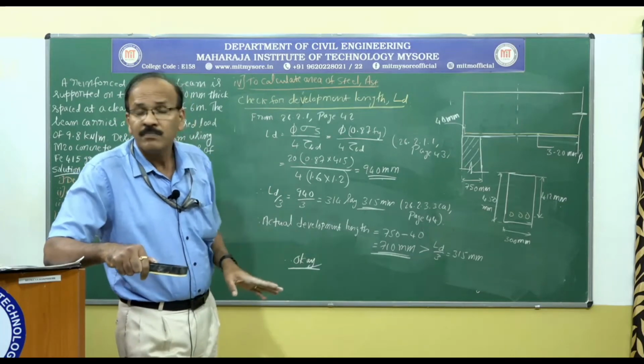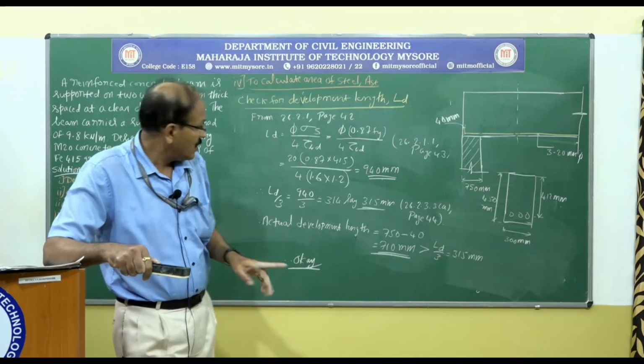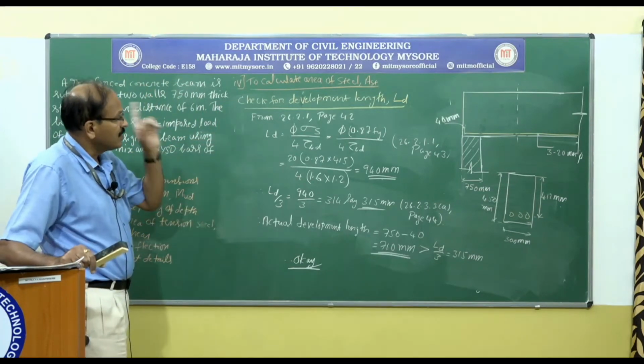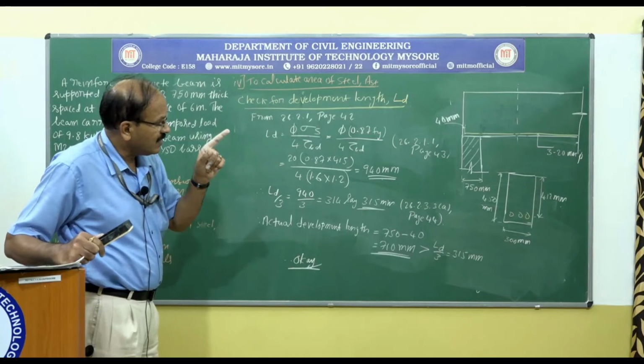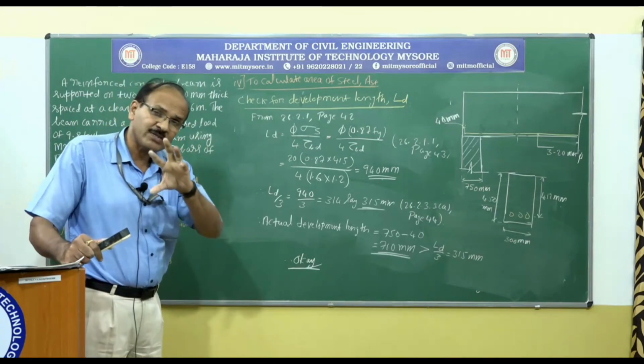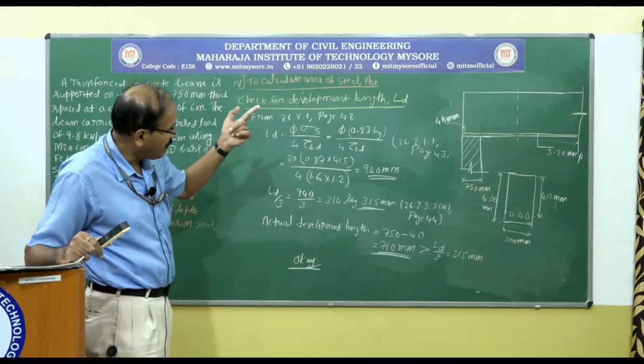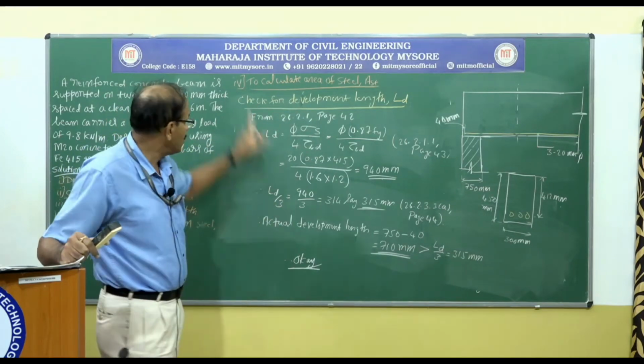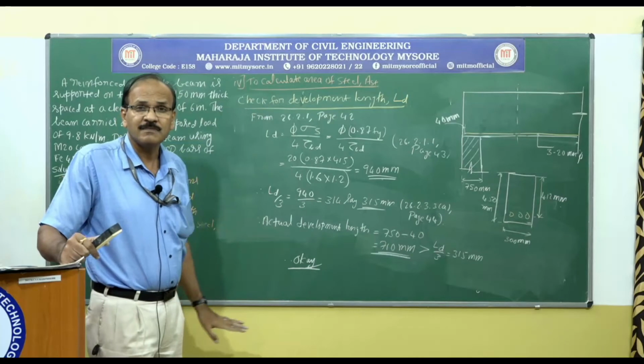So that's it for this. Next, this is done. Check for development length is done. Minimum area of steel, maximum area of steel, and area of the steel is also calculated using the formula. So this step is complete.